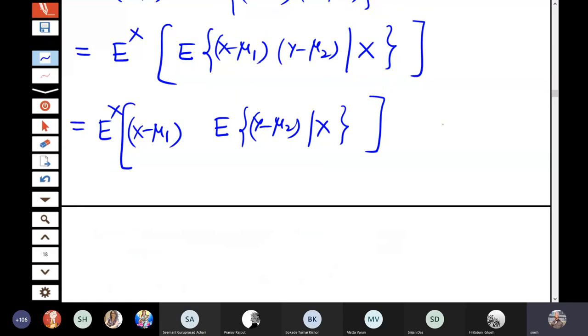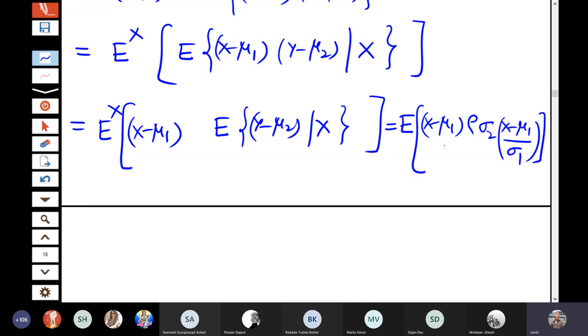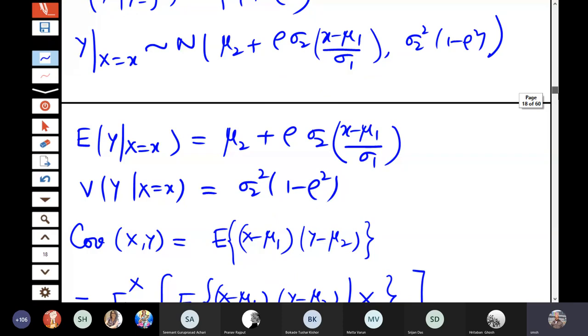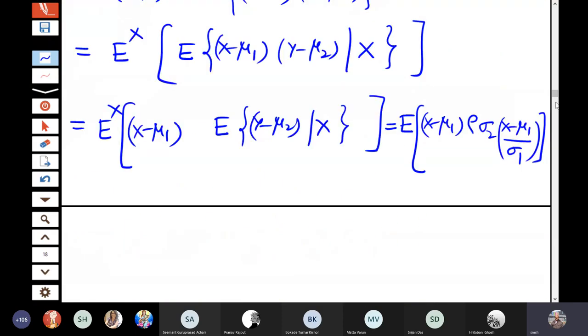So it is nothing but expectation of x minus mu1 into rho sigma 2 x minus mu1 by sigma 1. Is that okay? I have written that term here.